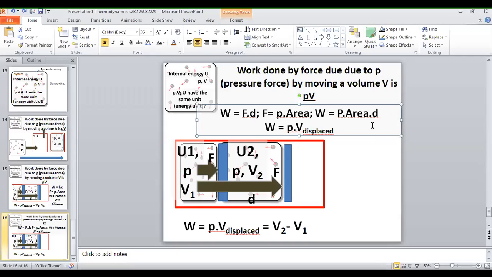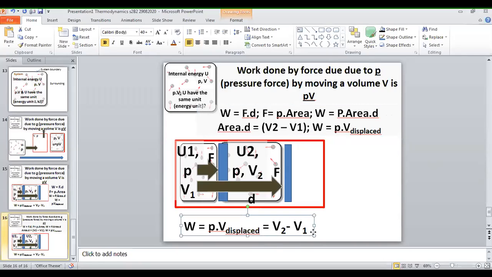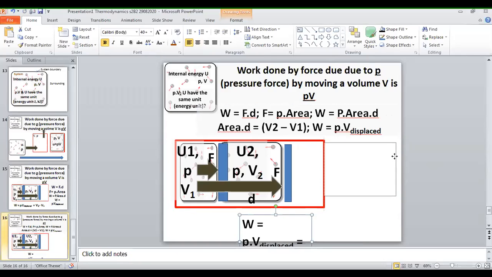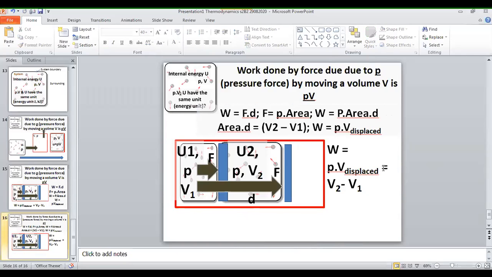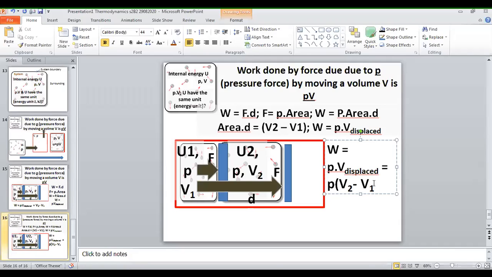Area times D is V2 minus V1. So W is P times V2 minus V1.